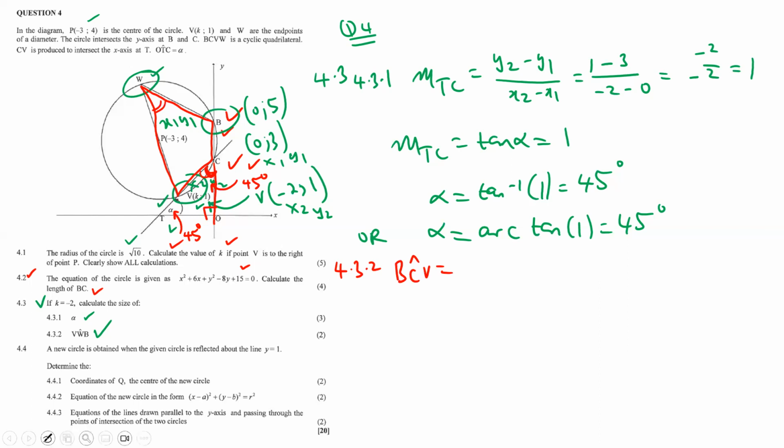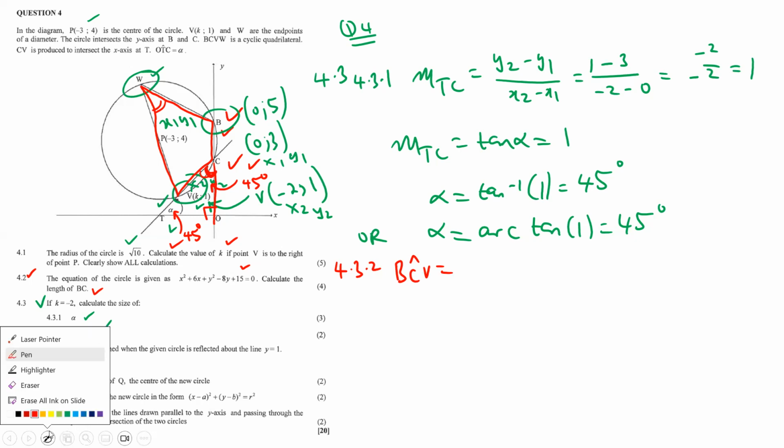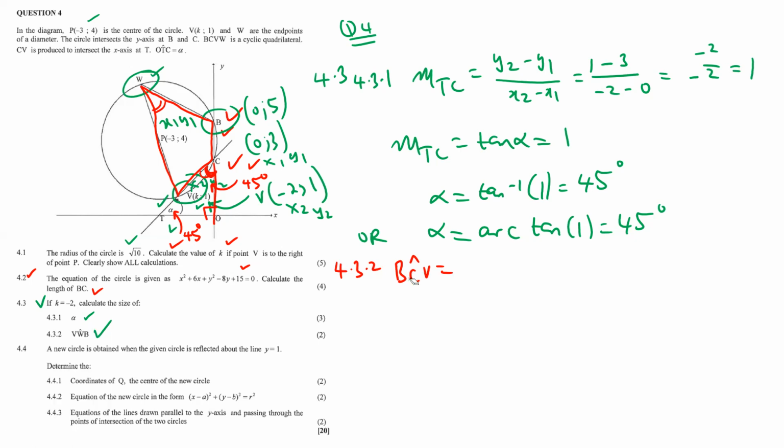Or you can say angle TCO, the easiest one. Angle TCO is equal to what? This angle is equal to that one. So it's a cyclic quad.